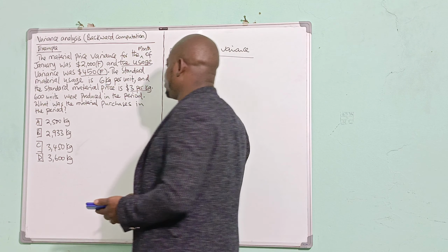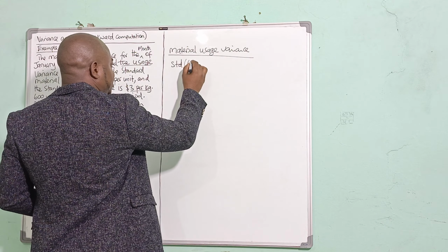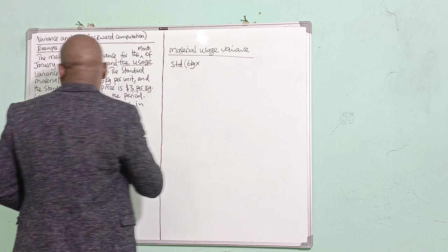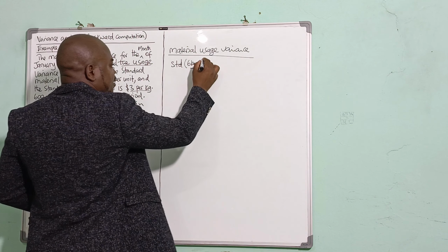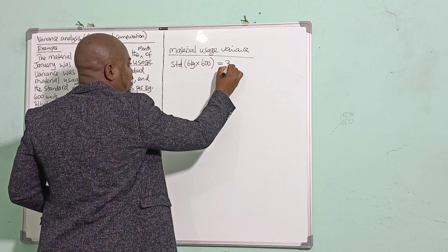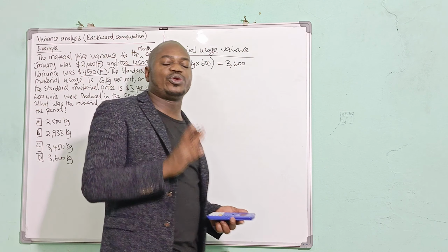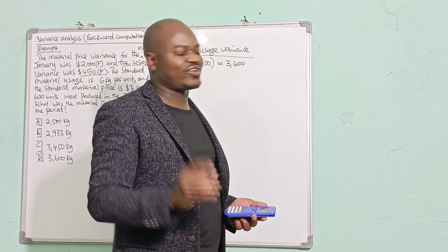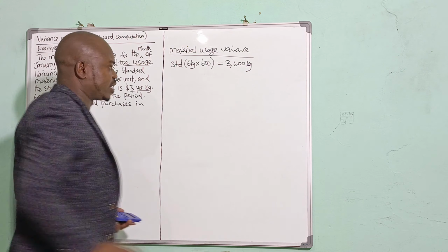So the standard kgs is 6 kg multiplied by the units produced, which is 600. For us to produce 600 units, we could have used, not what we used, 3,600 kgs if we followed the standard, okay?